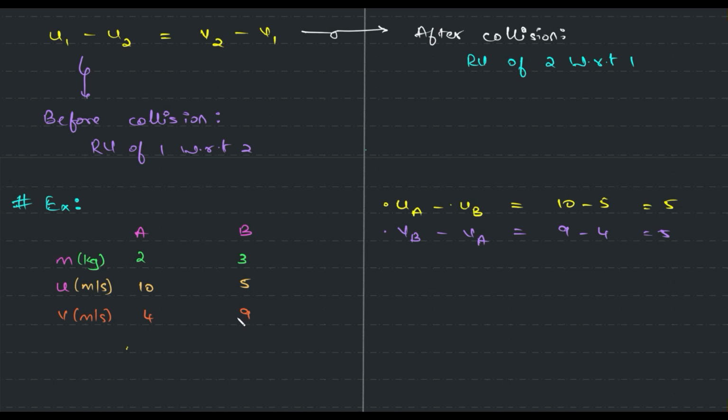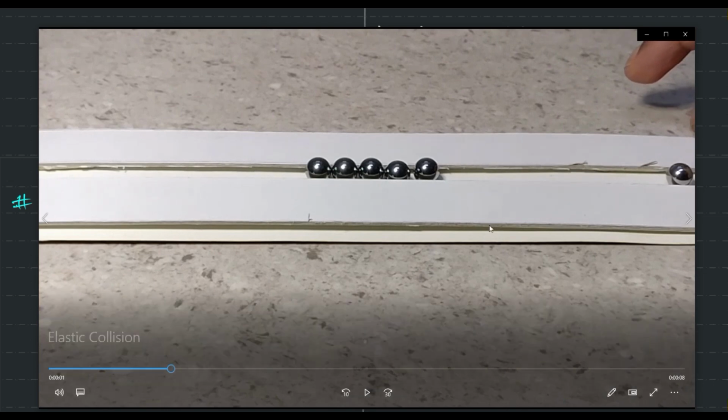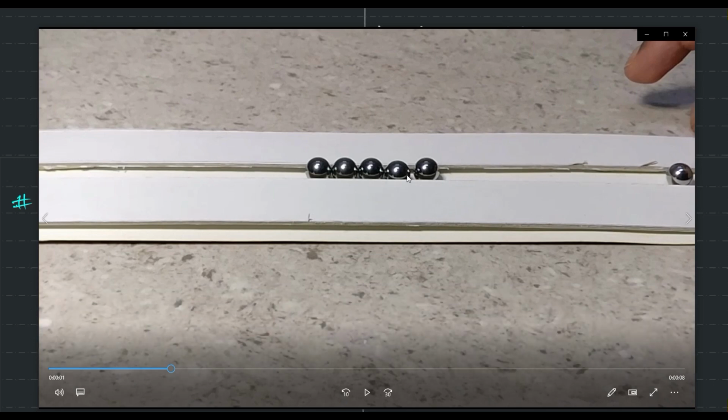So basically, in terms of words, let me put it this way. Let me show you this. This is close to an elastic collision, a video close to elastic collision that I have.